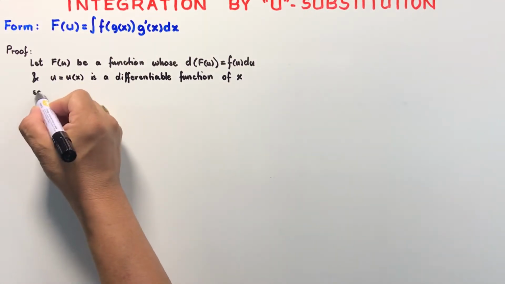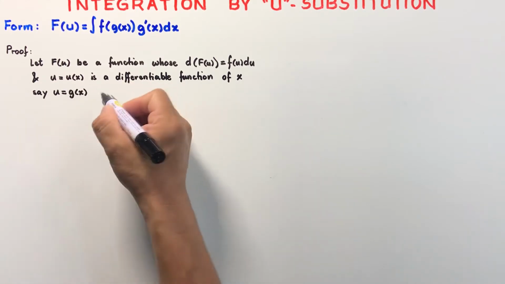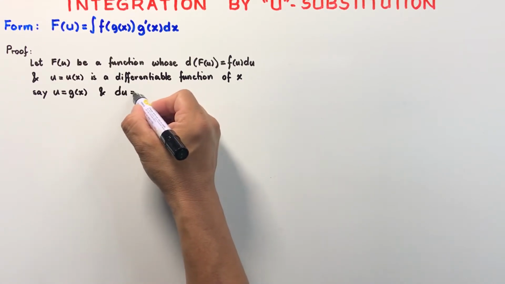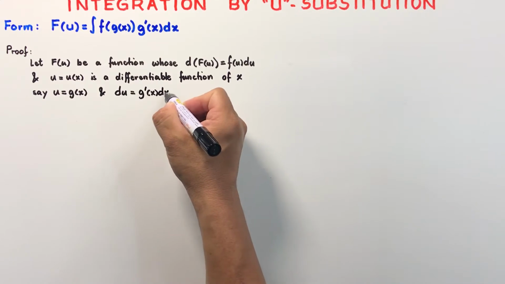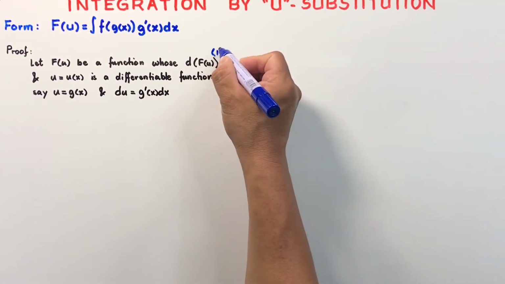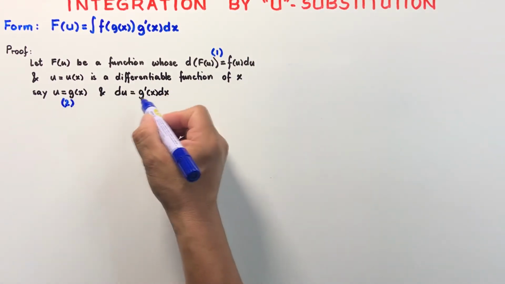Say u is some function g of x, and its differential du is equal to g prime of x dx. Suppose this is our equation 1, this is our equation 2, and this is our equation 3.